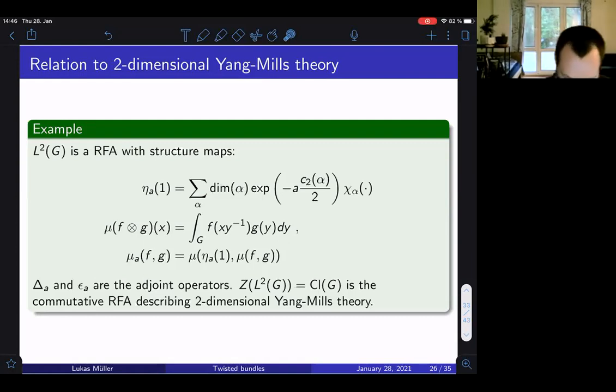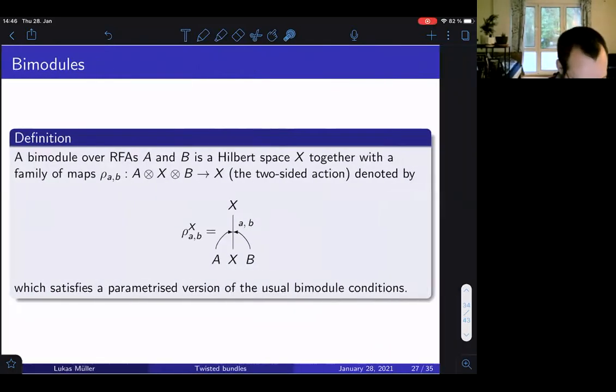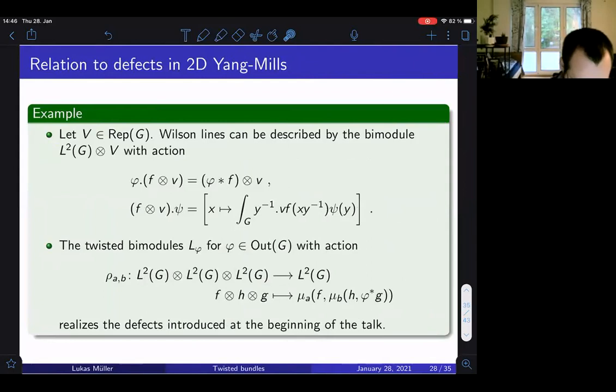Okay, and I will probably skip these things. All I might want to say is that one can define bimodules in this setting, which then will correspond to defects. One can define two types of bimodules, one corresponding to Wilson lines, and the other one to these twisted defects I have introduced at the beginning.